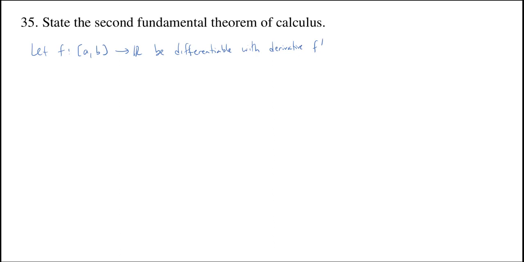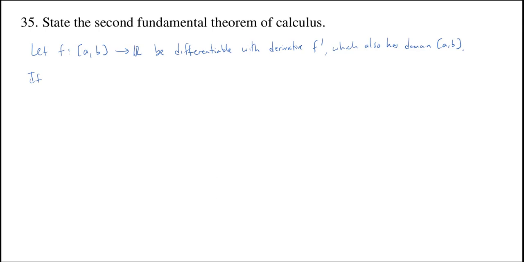Okay, so derivative f prime, which also has the same domain. Okay, so we start with that. So we have this f prime, which we know, because it's the derivative of f, has an antiderivative.